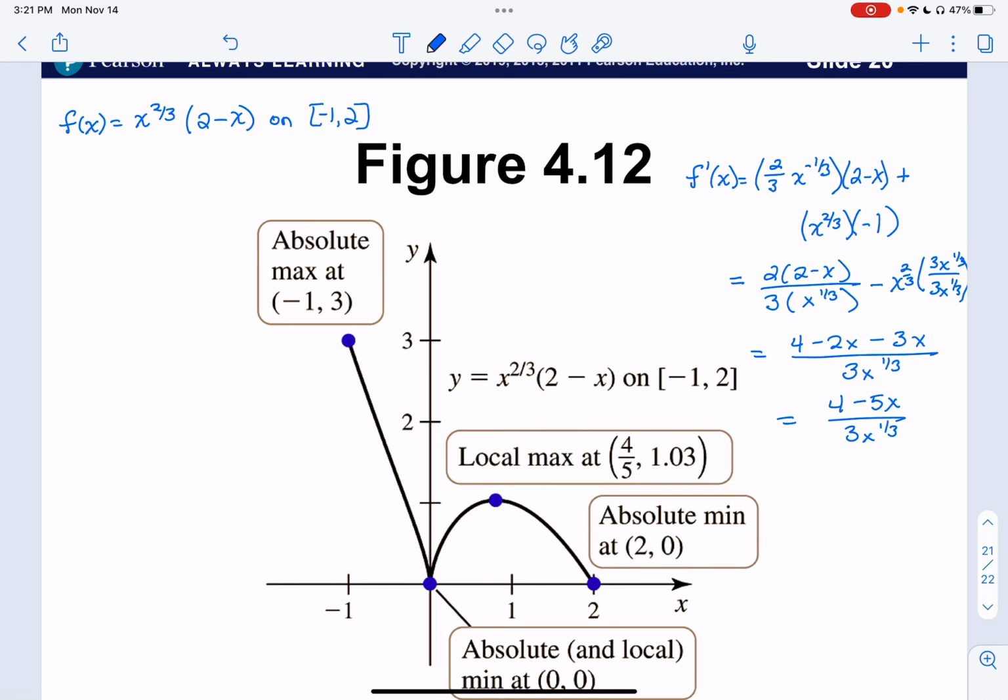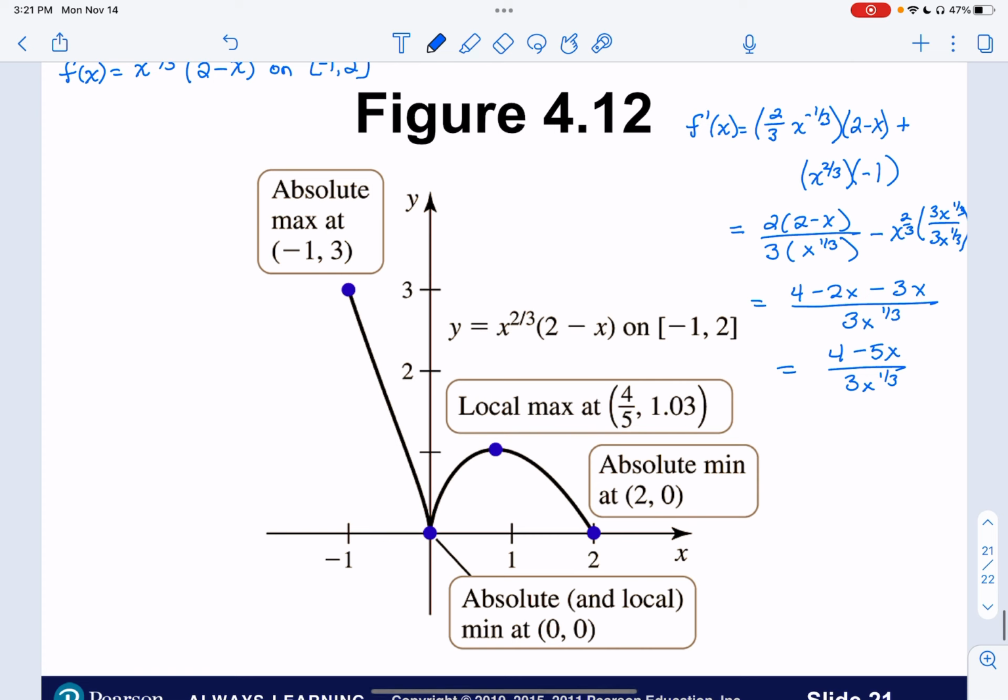So if I want to find my critical point, right, I'm going to set f prime of x equal to 0. So I'm going to have 4 minus 5x over 3x to the 1/3 is equal to 0. So I'll have 4 minus 5x is equal to 0. So x equals 4/5.